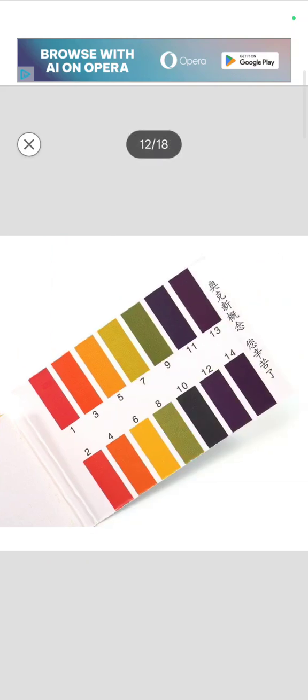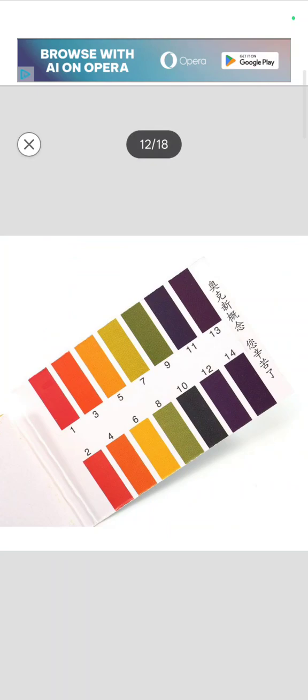Okay. See, this is an example. A student put the pH paper in a solution, the color changes to green, and he matches the green with the pH paper. The green color pH range is 10, so the solution has a pH of 10. See, there are different colors for different pH in the pH paper.